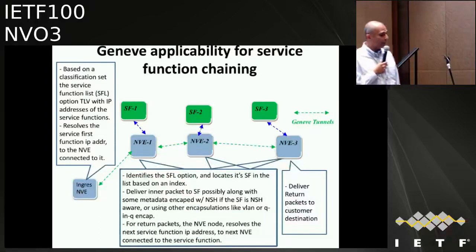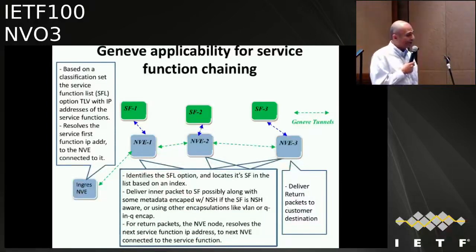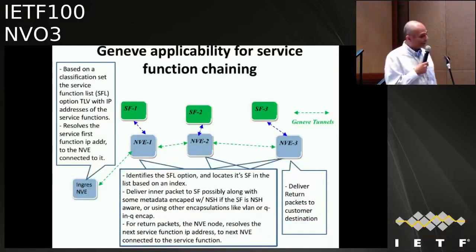Now, when the last NVE, the egress NVE, receives the packet, it will forward it to the last service function, and for the return packet, it can forward to the final destination or the customer destination.